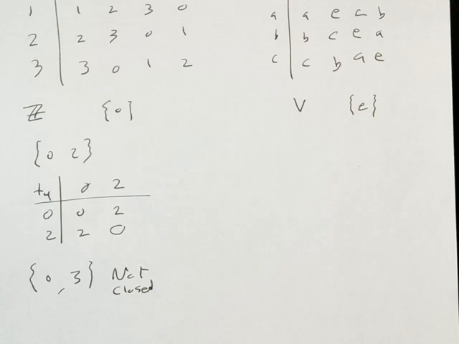For sets of size 2, you pick 1. What happens? I said neither of those is closed. Pick a set of size 3. Leave one of the numbers out. I'll leave out 3.